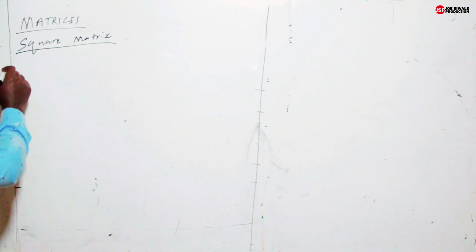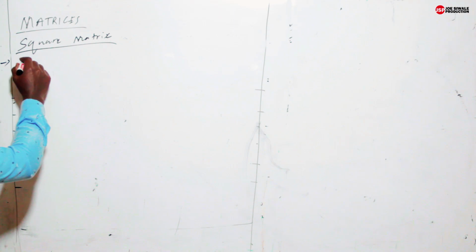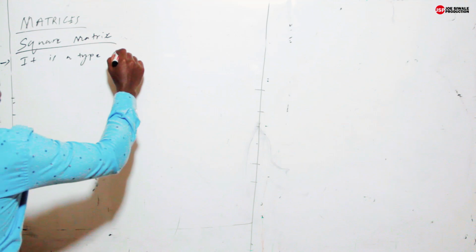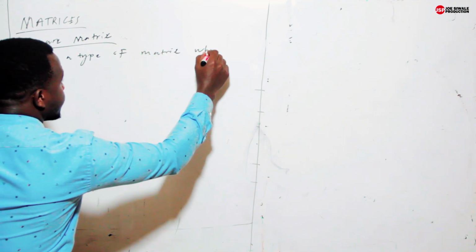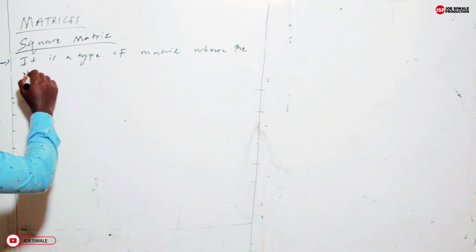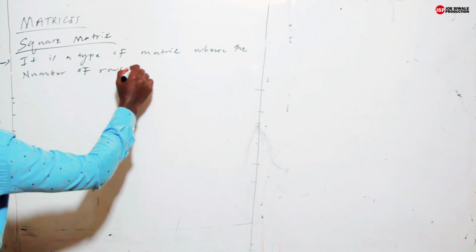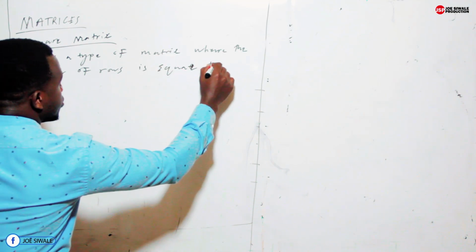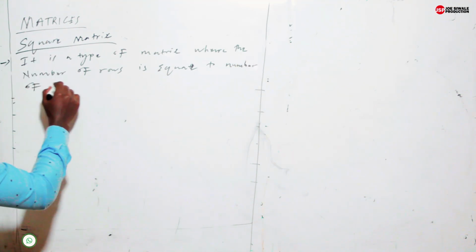But before we look at some examples of the square matrices, let us write down some notes. We have said the square matrix is a type of matrix where the number of rows is equal to the number of columns.